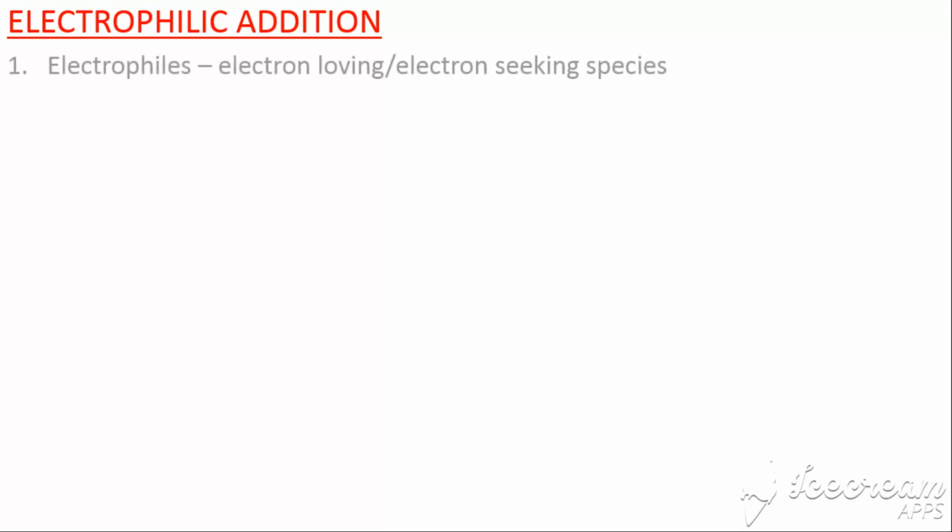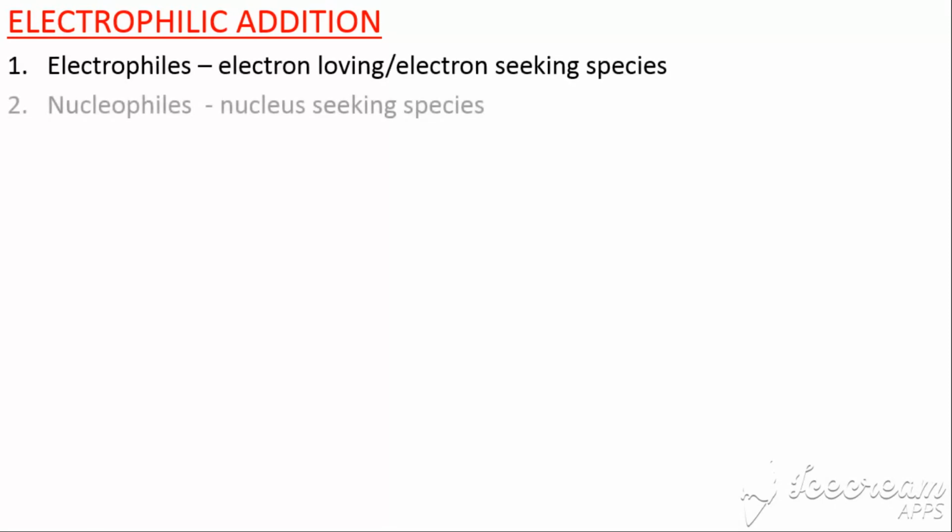For these reactions, we have to understand two types of compounds, which are electrophiles and nucleophiles. Electrophiles are electron-loving or electron-seeking species, which in most cases are themselves either electron-deficient or positively charged. And nucleophiles are nucleus-seeking species, and in most cases they themselves will be electron-rich or negatively charged.